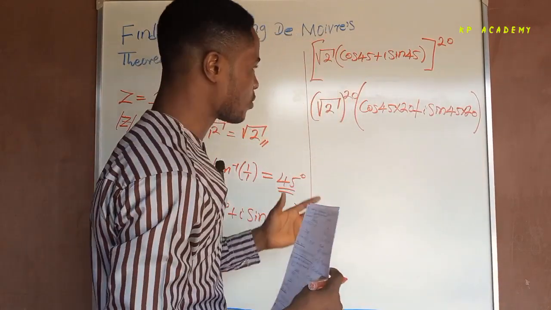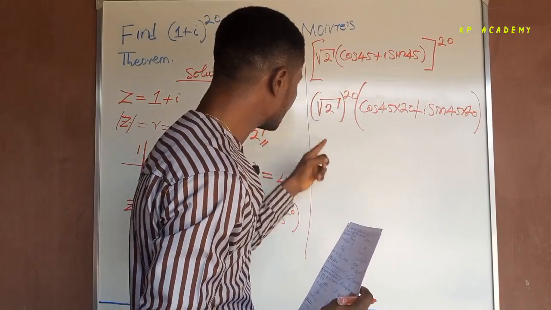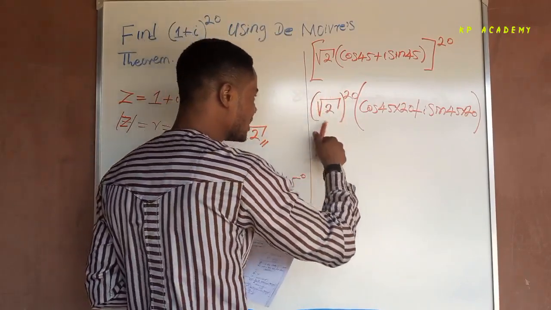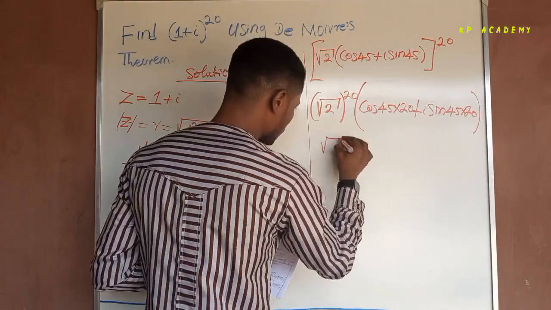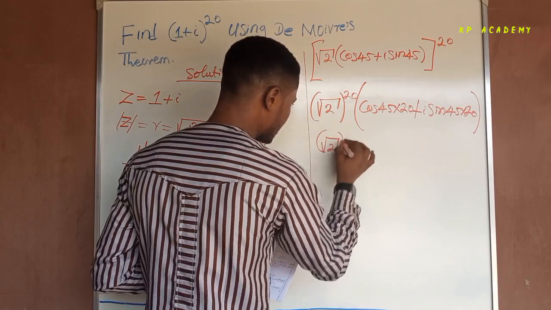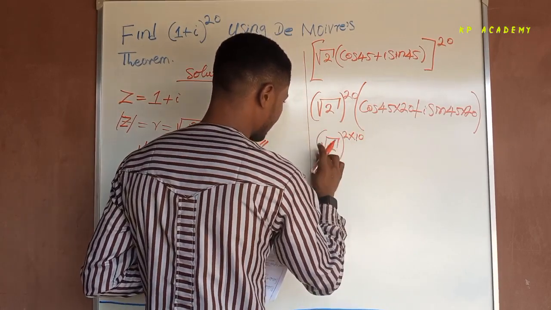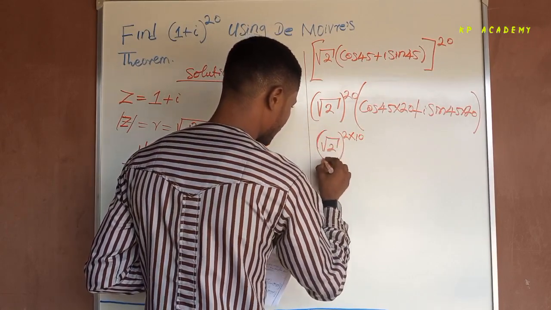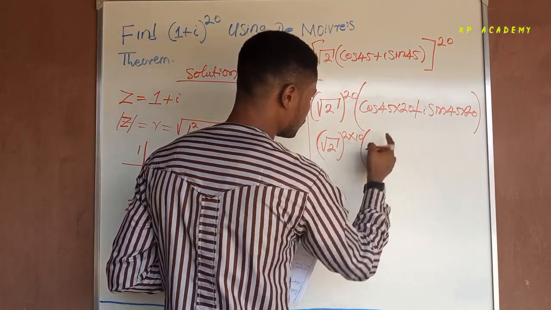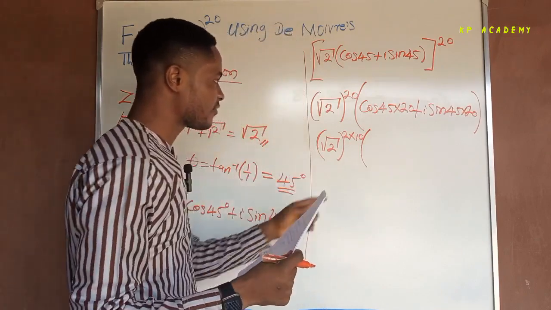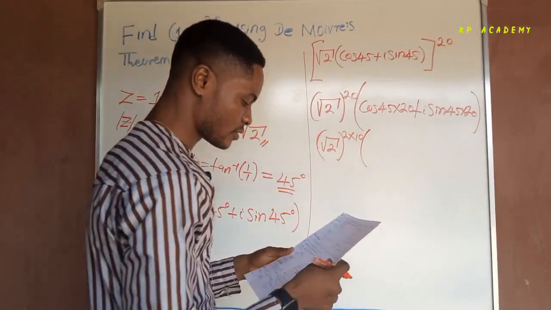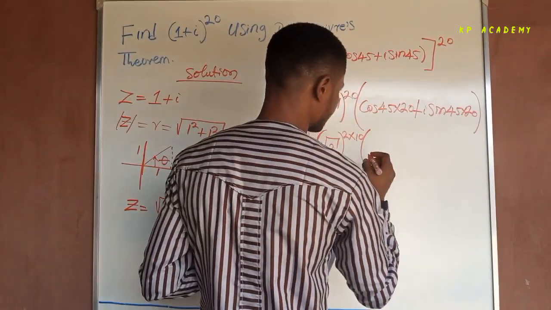Now if we evaluate this, root 2 to the power 20 is 2 to the power 10, and cos 45 times 20 gives us 900.